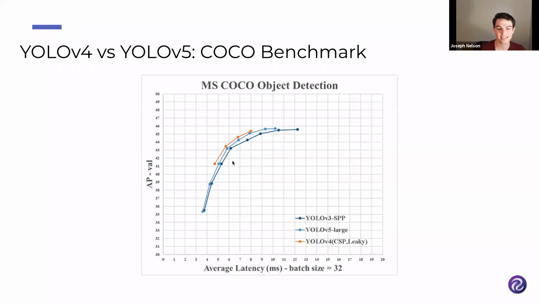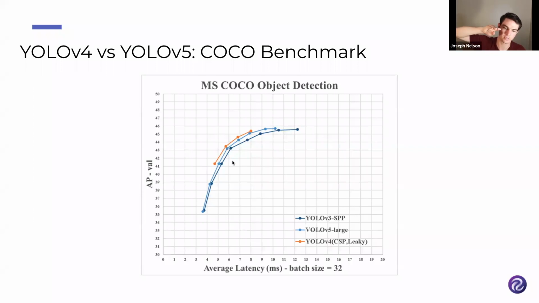On the x-axis is average latency. So it's a measure of speed in a given batch size, with batch size being the number of images that you're processing, which is commonly multiples of 32 or multiples of 2, so in this case, batch size of 32. And in this context, to the right means, sorry, higher latency.